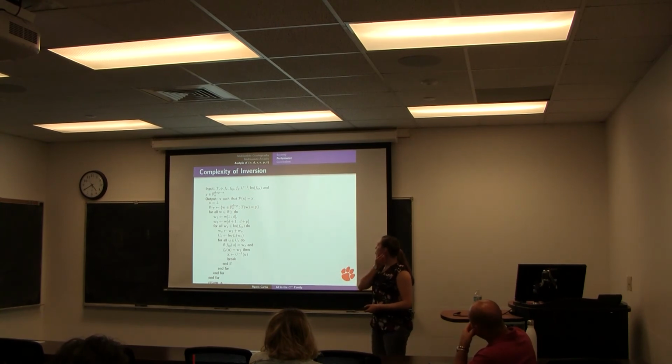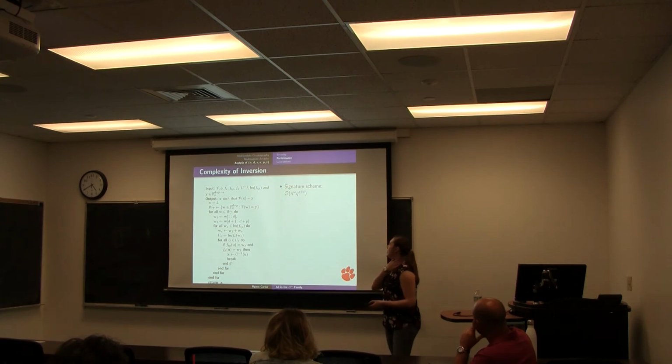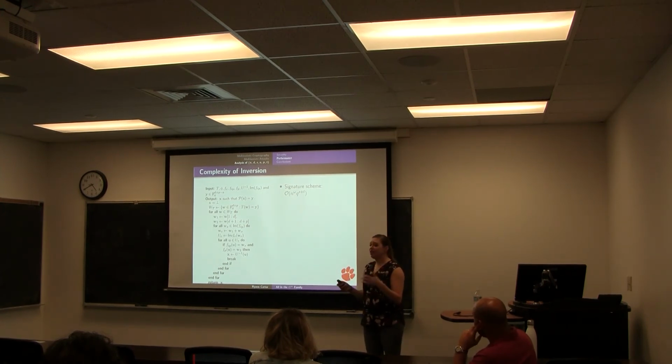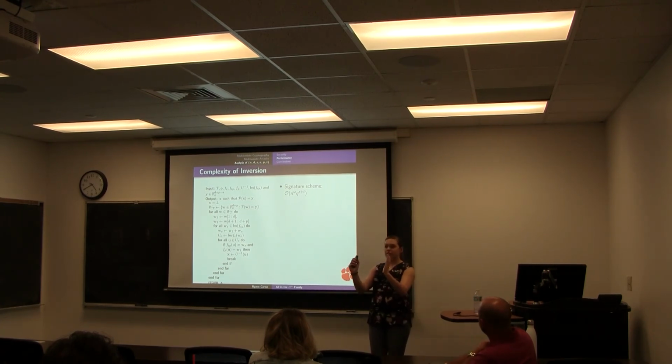But so we want to know, okay, what is the complexity of this? Whenever we have a signature scheme, we are not going to have the projection very large, so T won't be that big, because we want to make sure that all of our outputs do in fact have preimages. So really the thing that takes the most time is inverting our central map, FC.